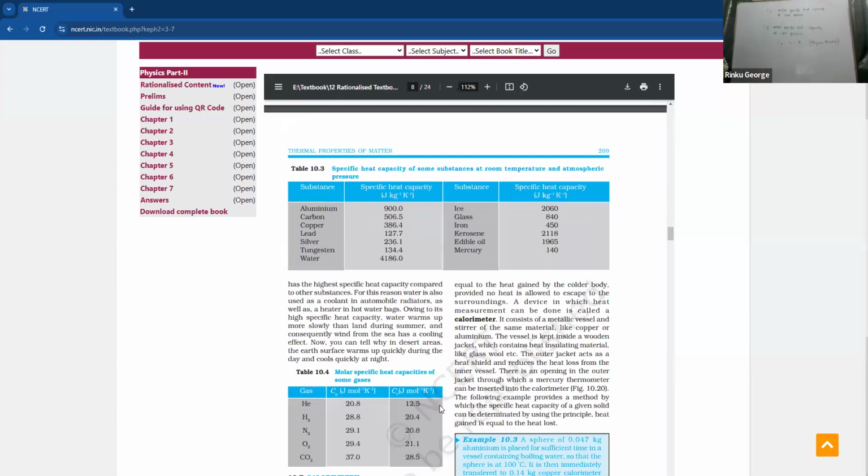Yeah, that table. What is the specific capacity of? Just read the instruction. Okay, you'll read below the table.